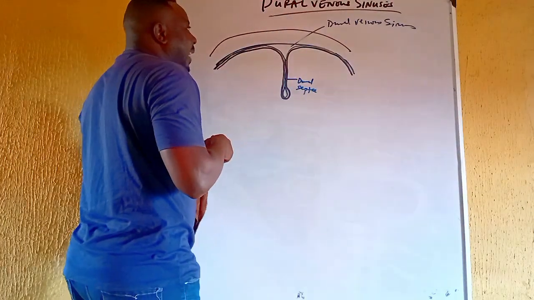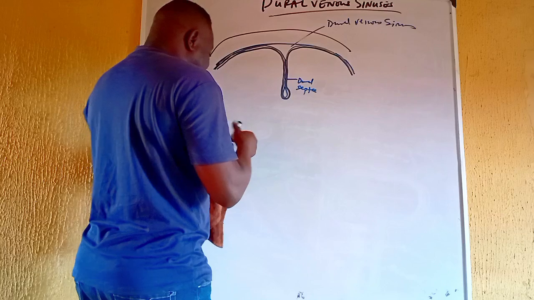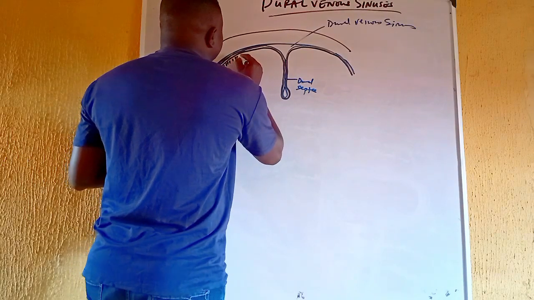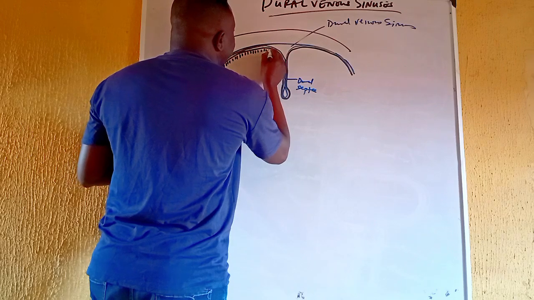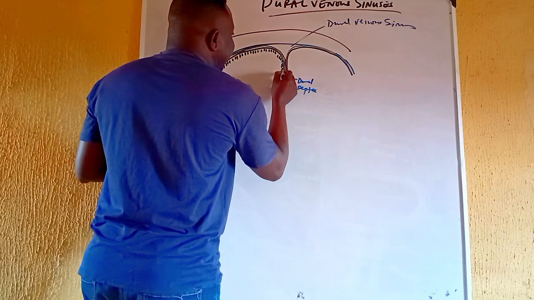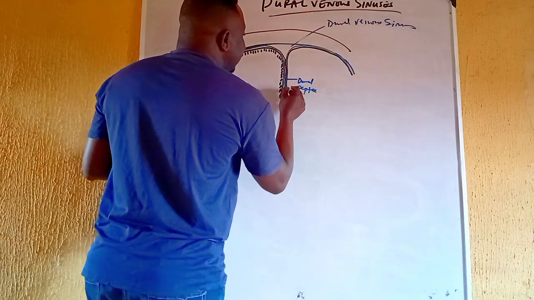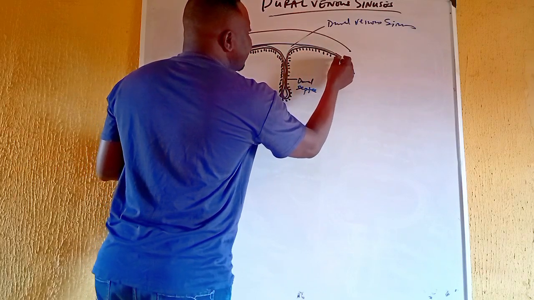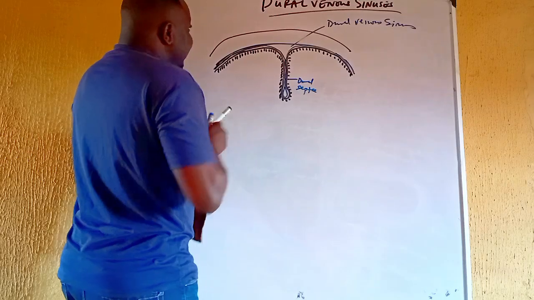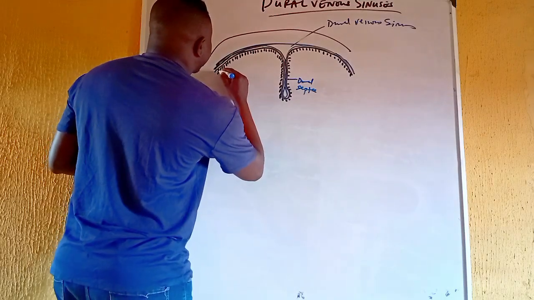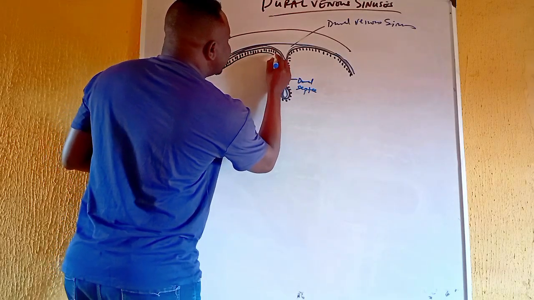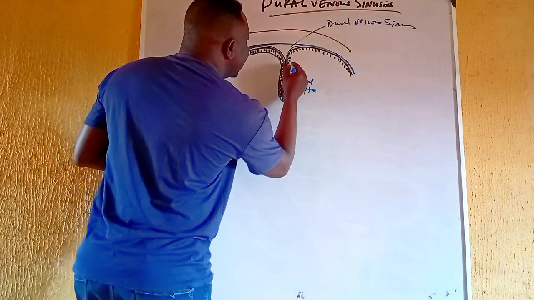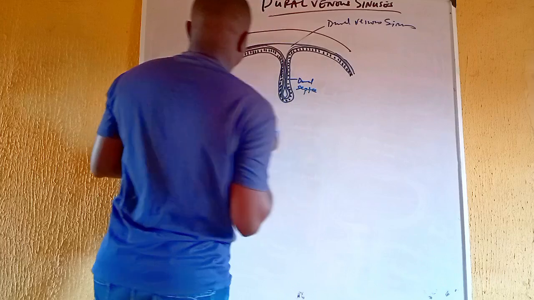Like I said in our last video, the arachnoid mater has lots of trabecula that attach to another layer which is called the pia mater. So this is our pia mater.